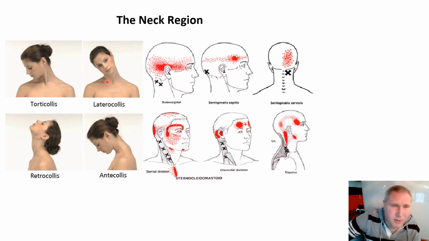Maybe you do have a little bit of laterocollis, but your head isn't quite stuck all the way to the right as this woman's head is. But certainly when I examine your muscles here, we can find some areas that are quite sore, quite intense. And these areas may benefit not only from trigger point injections, but also from some Botox injections. That's a different talk for a different day, and I do have a different presentation about Botox if you'd like to watch that as well.